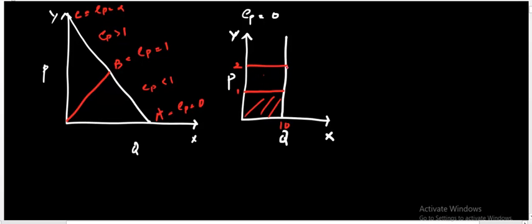When the price was 2, quantity demanded again was 10. So the quantity is not responding to the change in price. In this scenario we say the elasticity of price is equal to 0. That is, when quantity does not react to change in price.